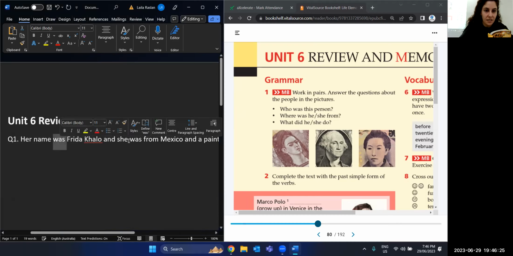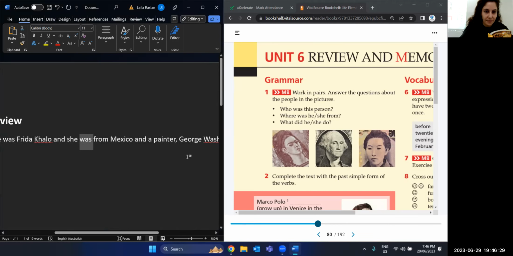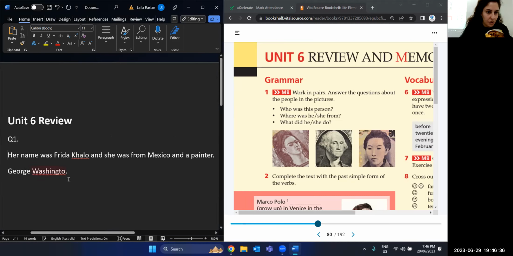So was and was. The second one, George Washington. George Washington was from the USA and he was the president.